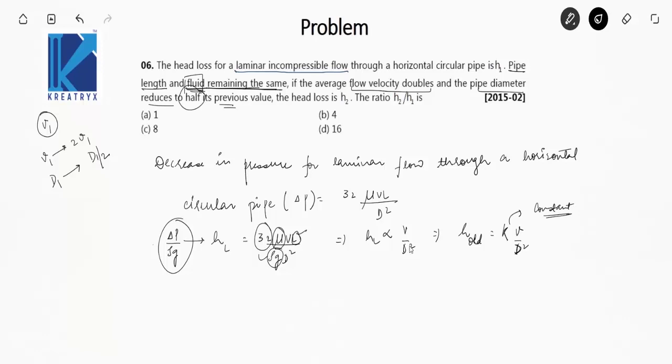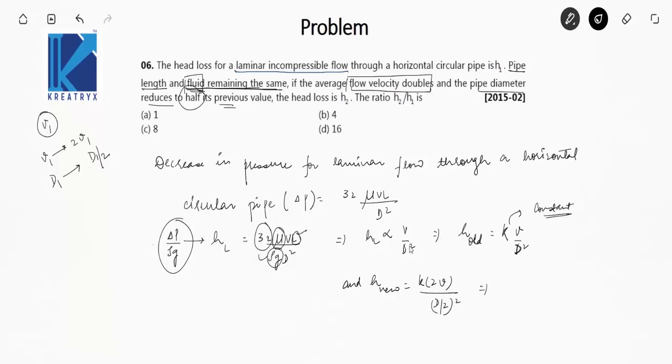And H new: if I replace V with 2V, because it has been said that the average flow velocity doubles, so K into 2V by D square. D is halved, so D by 2 whole square.